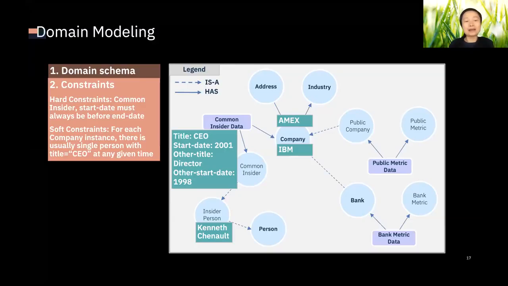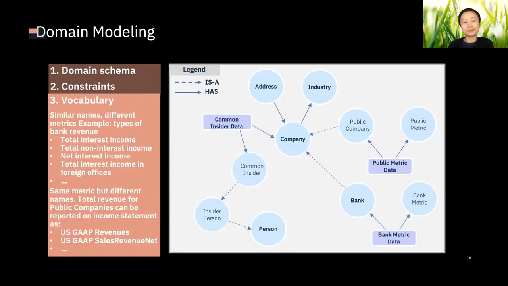If this is violated, then something must have gone wrong. The second part is soft constraint, which may be true most of the time, but could be violated in a very legal way, depending on the particular scenario.